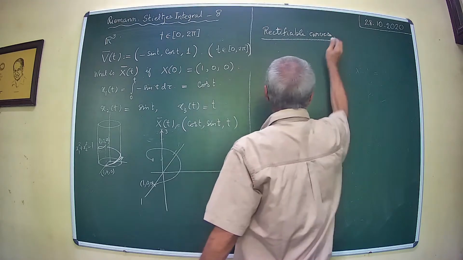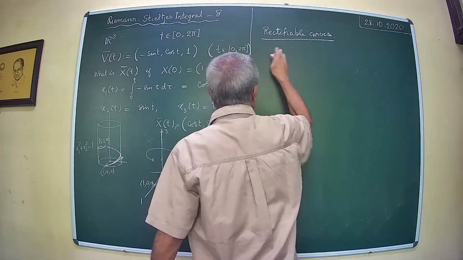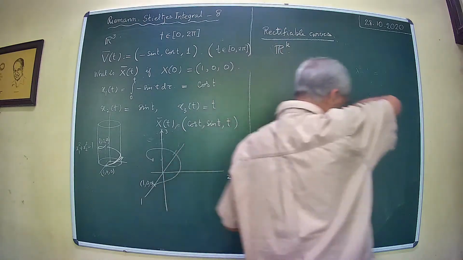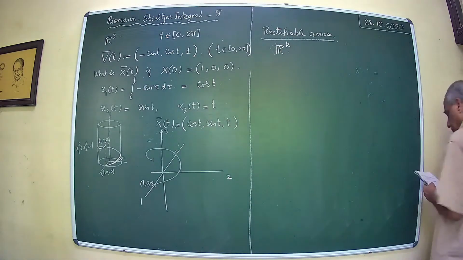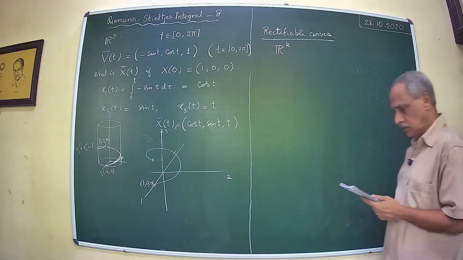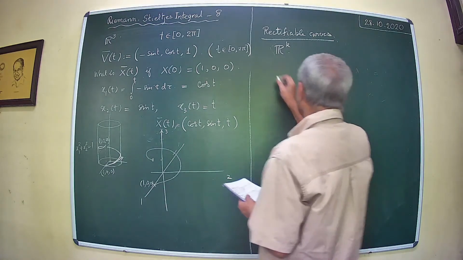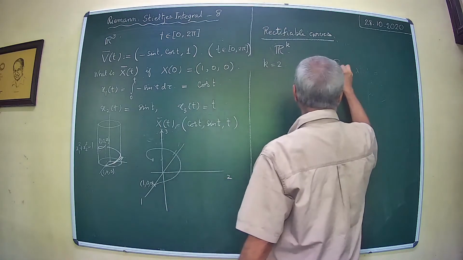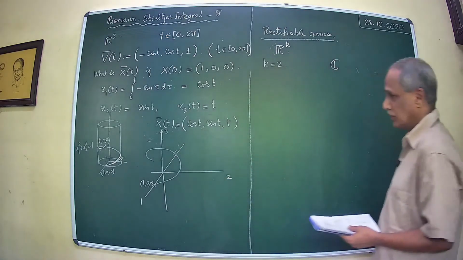Take the general scenario, R^k. Now when k equals 2, we have the complex plane corresponding to that.